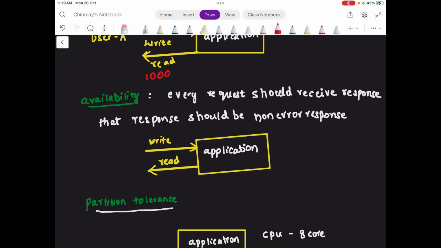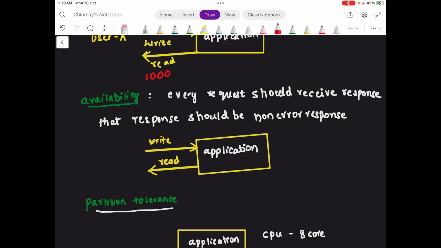If every request receives a proper response, then your application has availability behavior. What is meant by partition tolerance? If your application is still able to respond even when there are network failures, then your application has partition tolerance behavior.